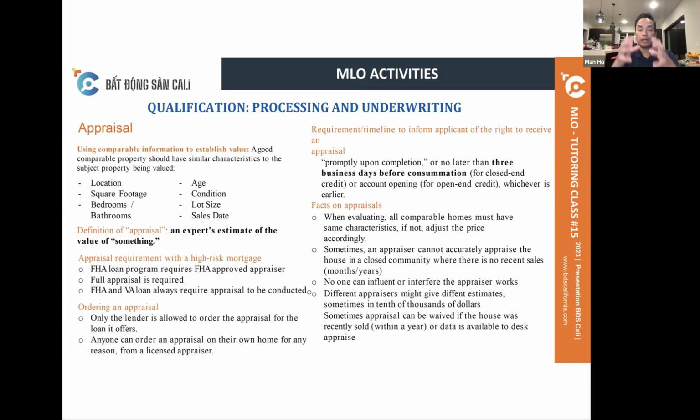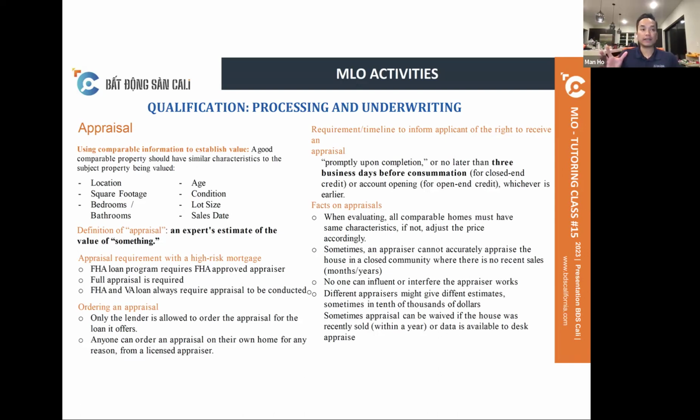So what happens is, within that community, if a home sold in the last 3 months, 6 months, 12 months, or even 2 years, and that gap is longer, the appraiser is going to have a hard time coming up with the true value. So when the appraiser cannot come up with a true value, he's going to pick the one that sold like 12 months ago, which is like $100,000 less.